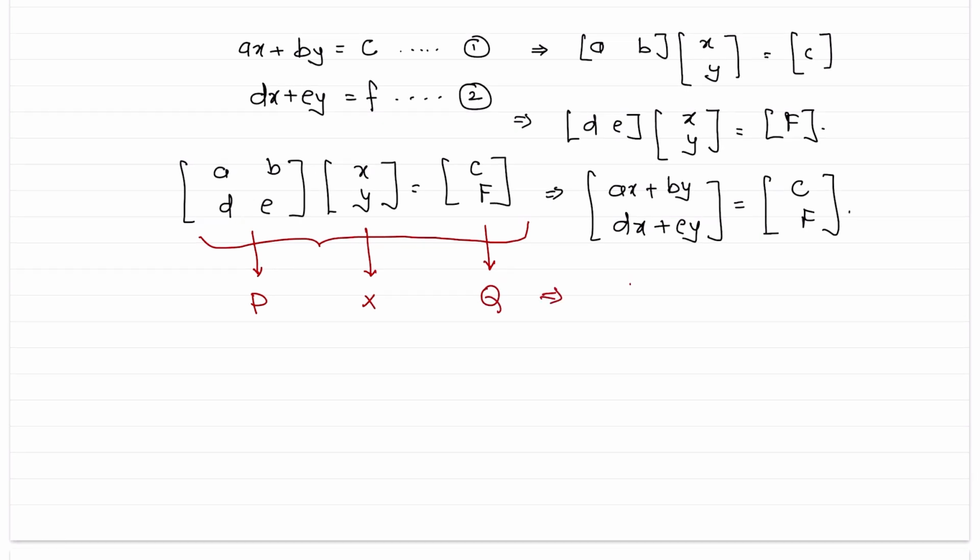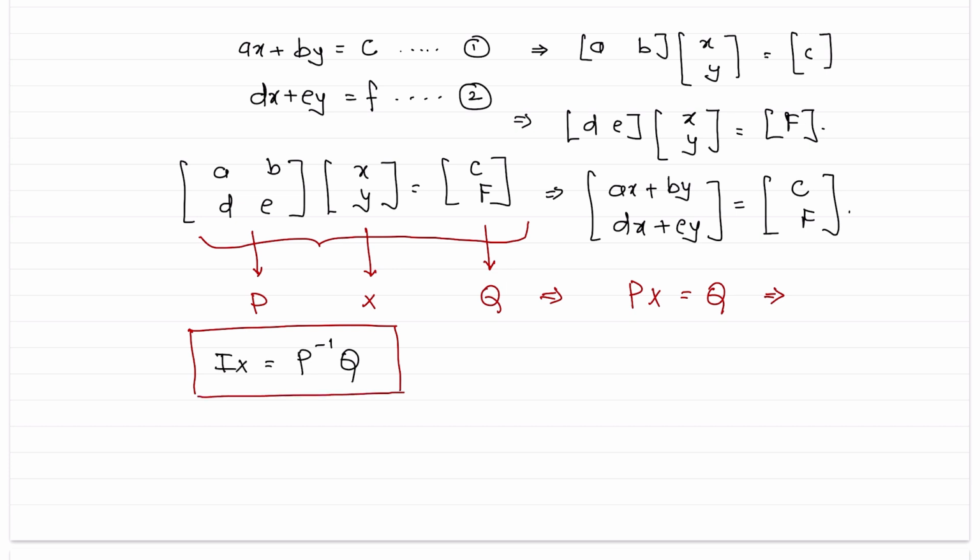Then it is in the form PX is equal to Q. The above simultaneous equations are converted to this form PX is equal to Q. Now, from this, we can say IX is equal to P inverse Q. This is a very important formula which is to be understood by everybody.